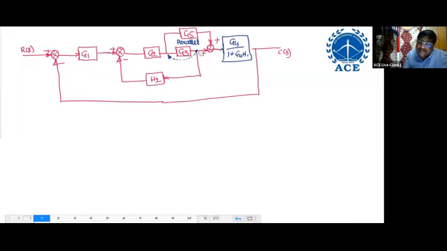So now what happened? Before, which block gain is affected? H2 is affected because only H2 is connected to this point. Before shifting, how many blocks? Count it: 1, 2, 3.